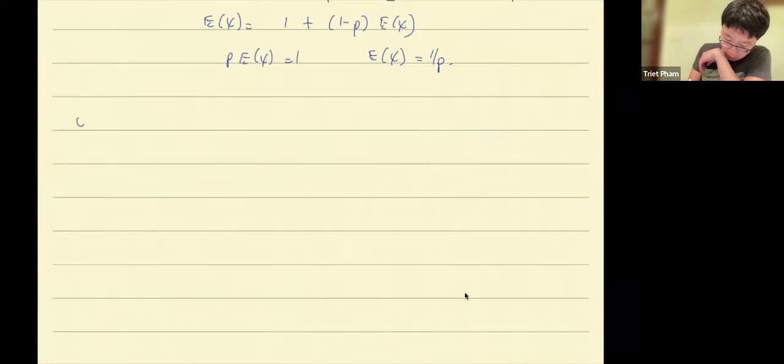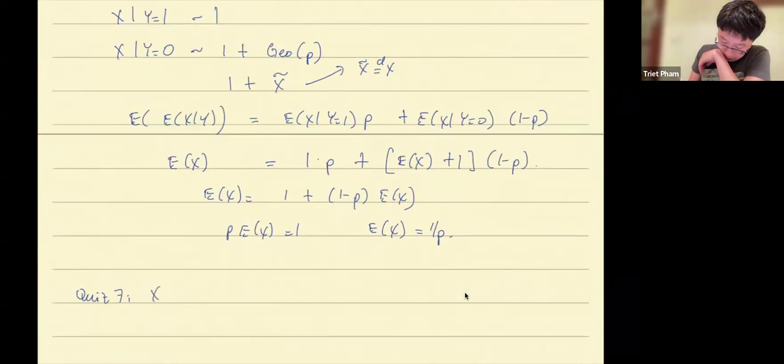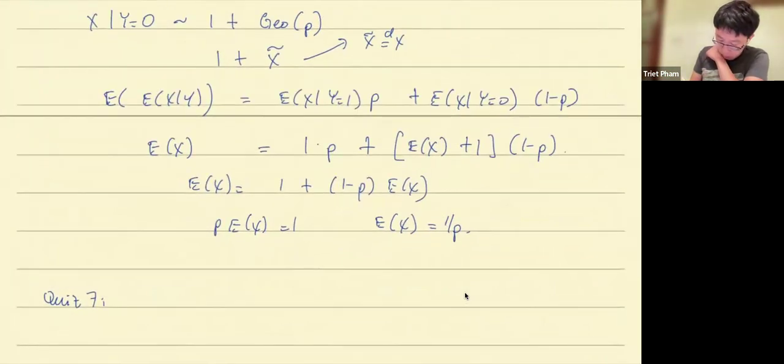Now, a generalized version of this will be as follows. Let's say we have independent trials, or coin tosses, whatever. A coin with probability of heads equal to p.